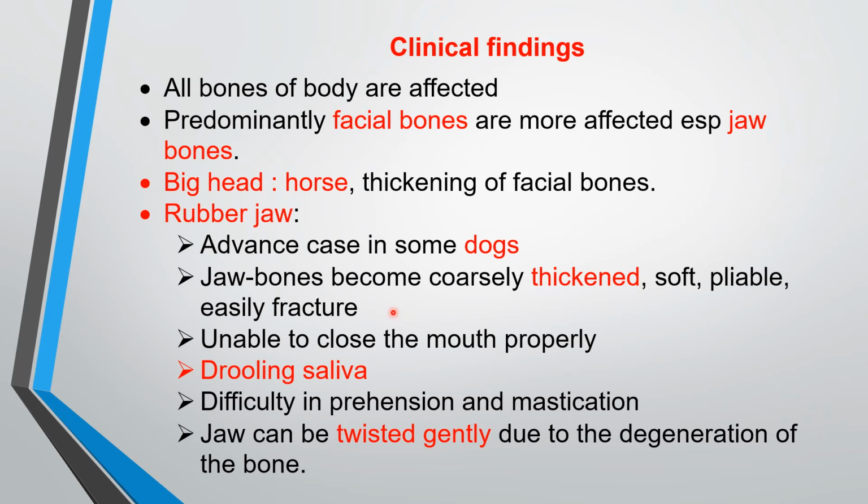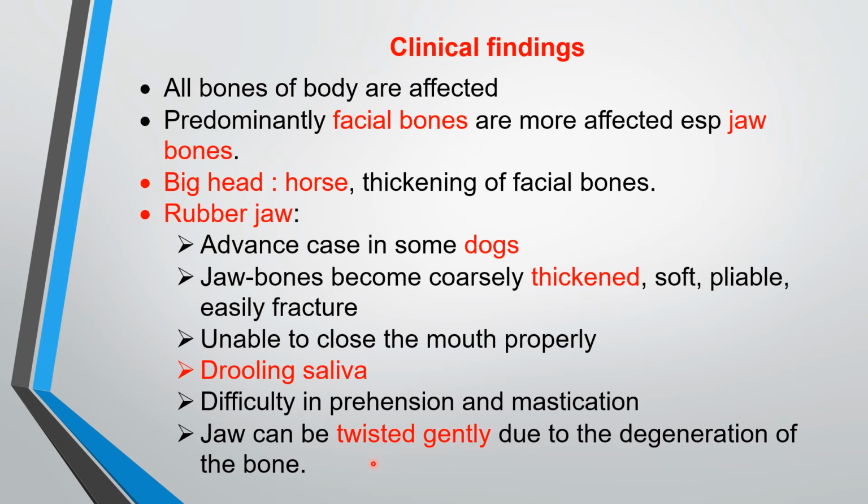Due to this, the dog is unable to close the mouth properly. So there is drooling of saliva from the mouth. There is difficulty in prehension and mastication of food.